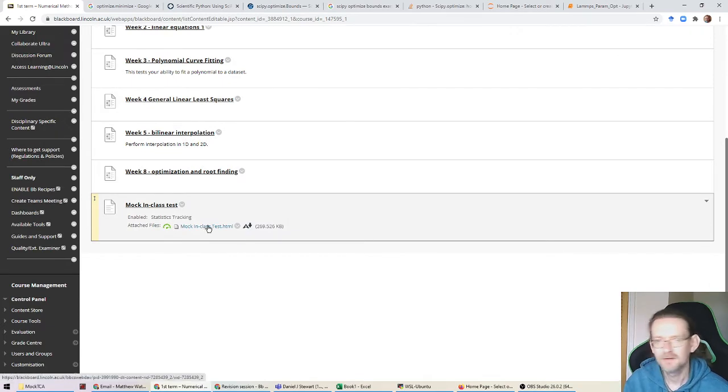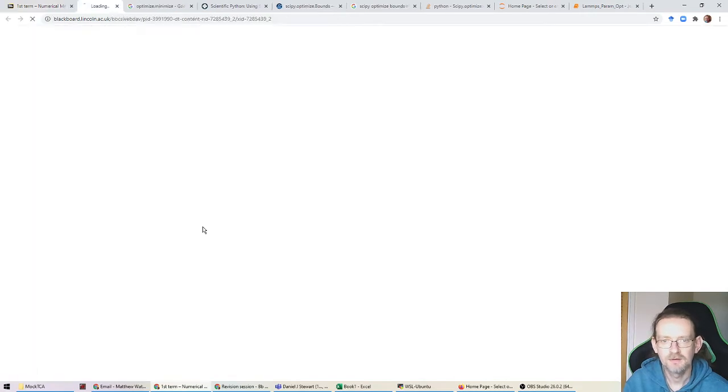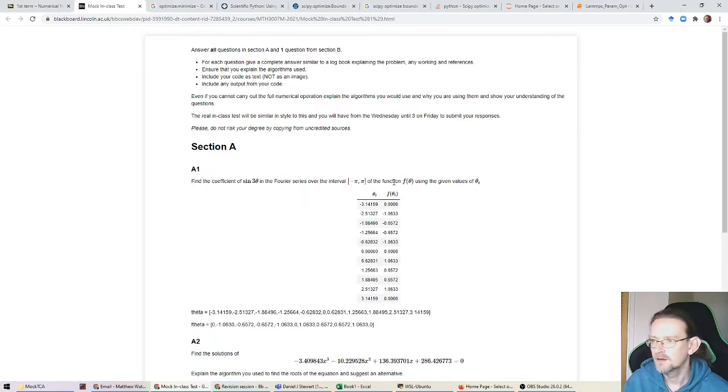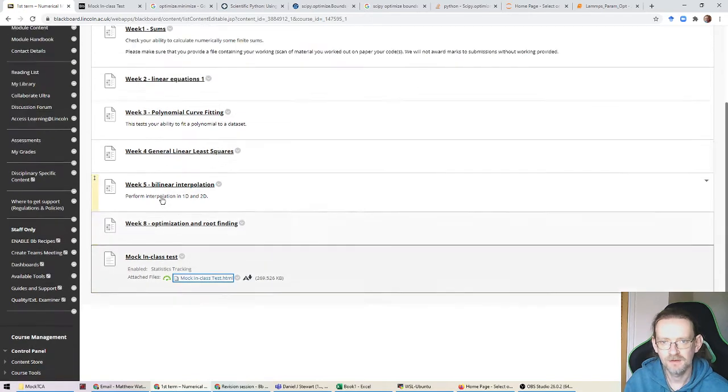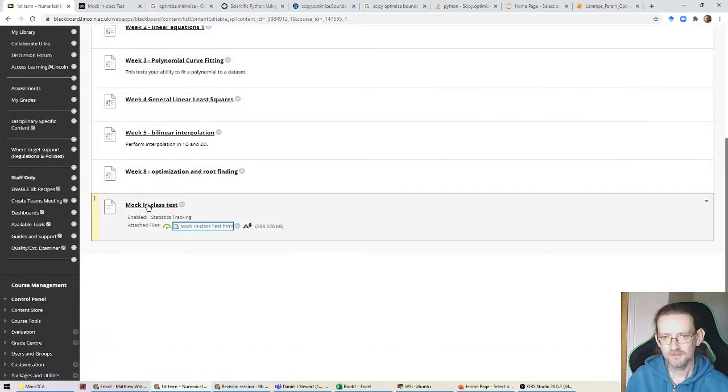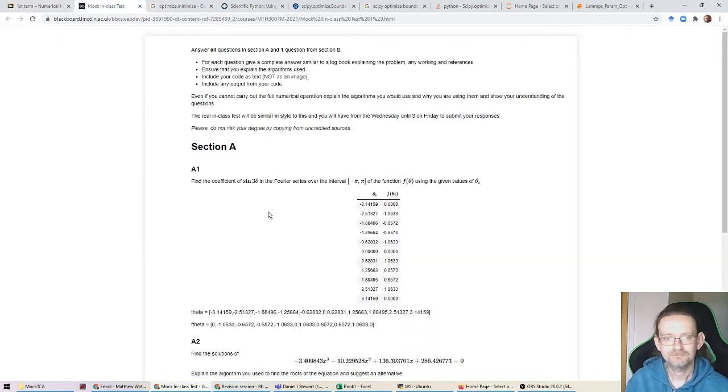If you go into it, you can submit an answer, but you don't need that. There is the mock in-class test file there. I'll also put it in the module content, just in case people lose it. But it's under assessments, mock in-class test.